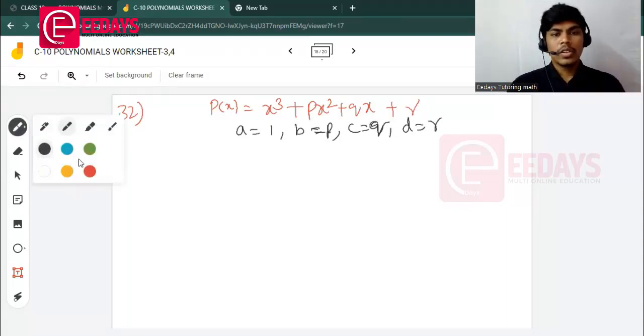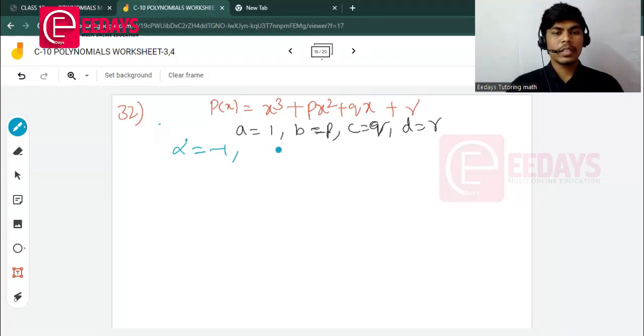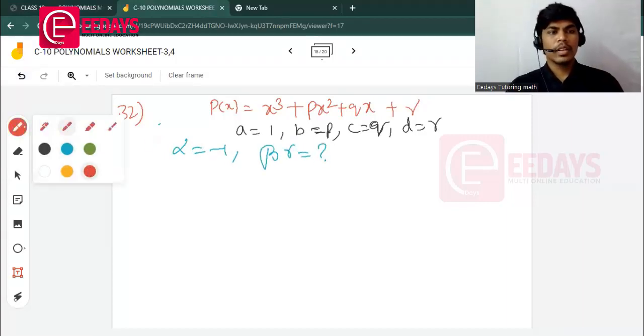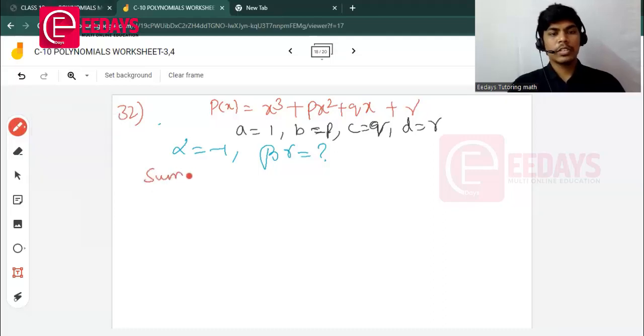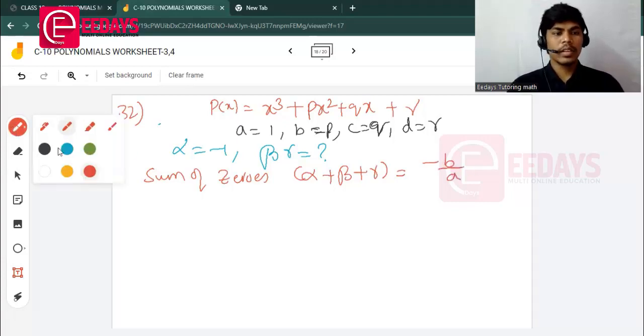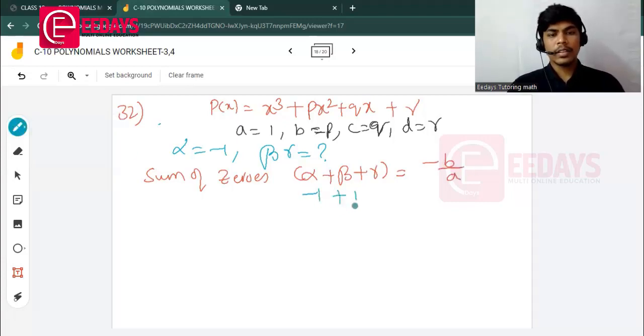So we know that from alpha, beta, gamma, alpha they gave as minus 1 and beta into gamma we need to find. So the sum of zeros, alpha plus beta plus gamma is equal to minus b by a. Alpha they gave as minus 1, so beta plus gamma is equal to minus b by a, which is minus p by 1.